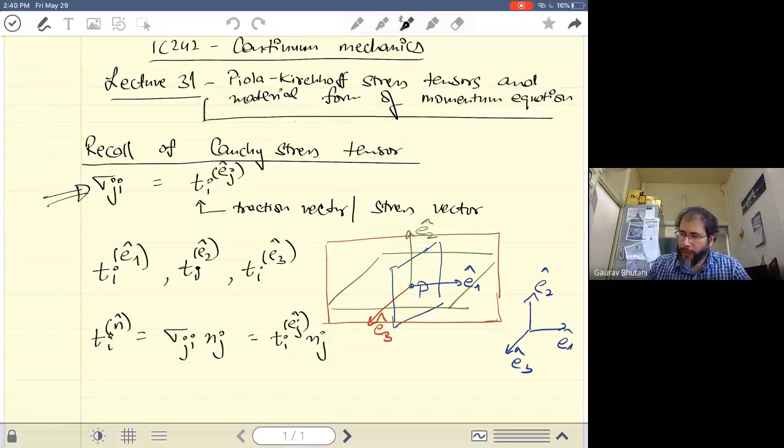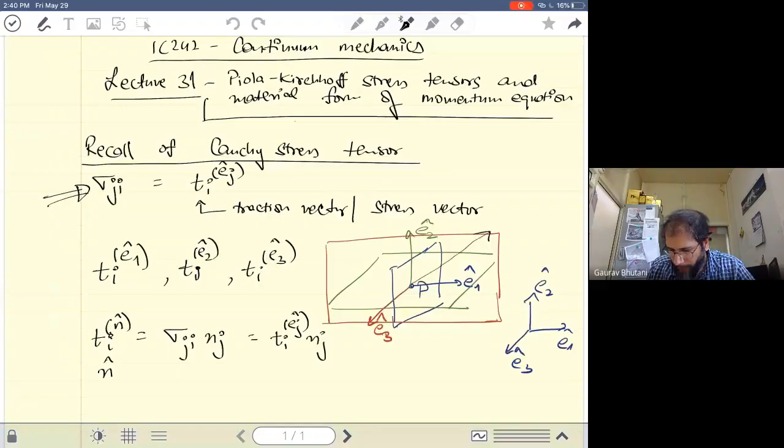Okay. So in this case, let's also clarify that the n hat is the normal to the arbitrary cutting plane. So let's draw the arbitrary cutting plane. This we call n hat, and the corresponding cutting plane is something like this. The black plane that I've drawn is just a plane.